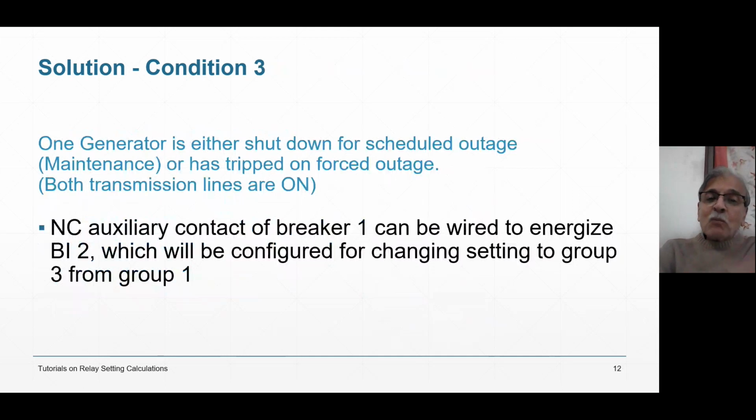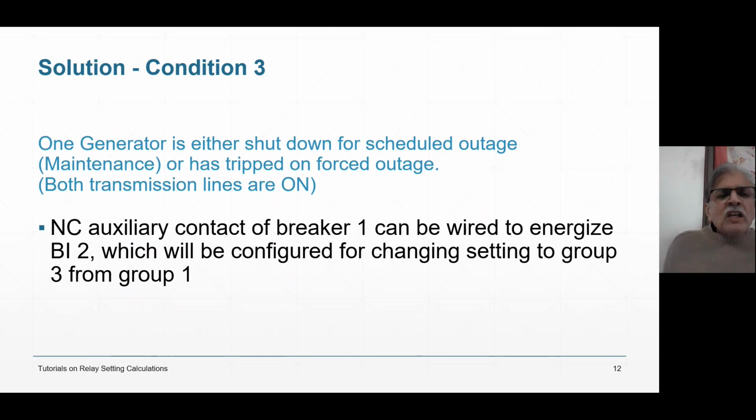Third possibility is both lines are on now, but one generator is off. One generator is either shut down for scheduled outage because you have to maintain the boiler once every year. Boiler inspectorate is forcing power plants to maintain the boiler once in a year.